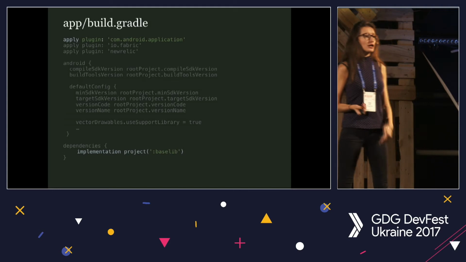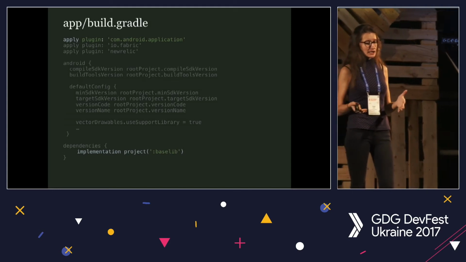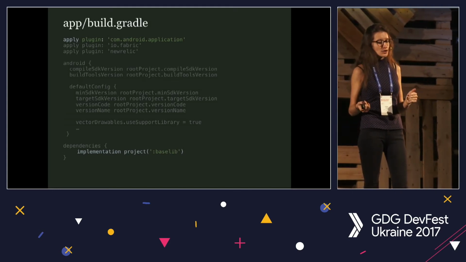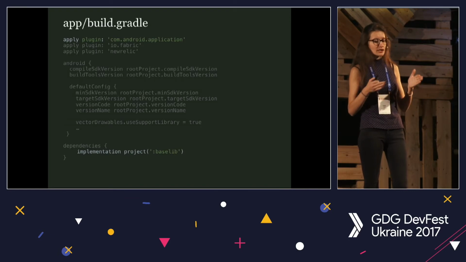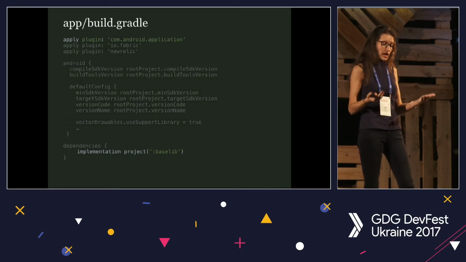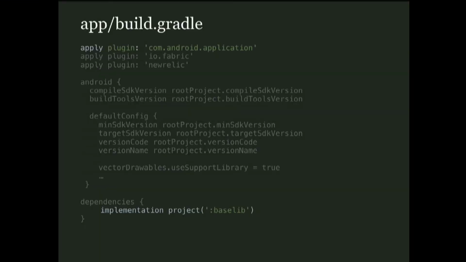Then the build.gradle file of the app module is very light. The plugin of the application is the same, it's com.android.application. But in the dependencies block, we don't need to specify library dependencies anymore. So what we do, we just tell the app module that it depends on the base module.